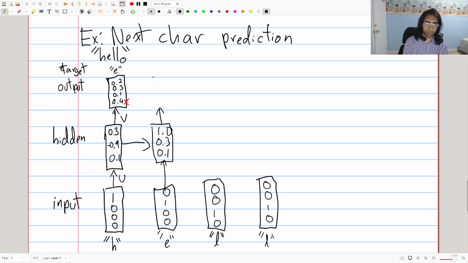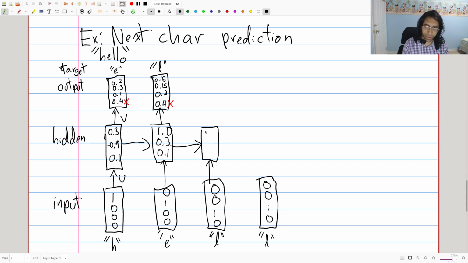And from that, similarly, we do another prediction, which maybe this time it'll be like 0.15, 0.15, 0.3, 0.4. And remember, this time our target is the next character again, which is an L. However, once again, it made a mistake in the sense that it got it wrong. It would have predicted O again. But yeah, we can keep doing this.